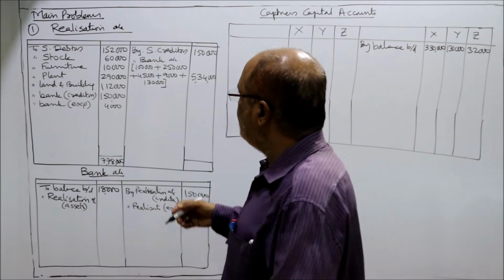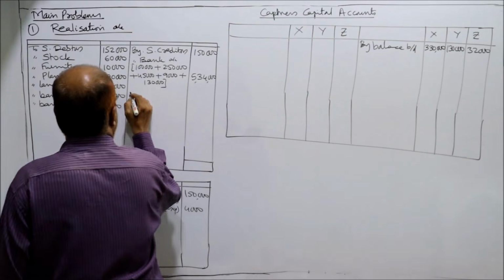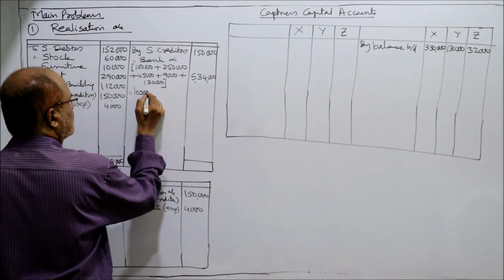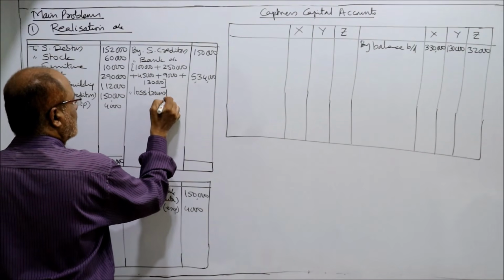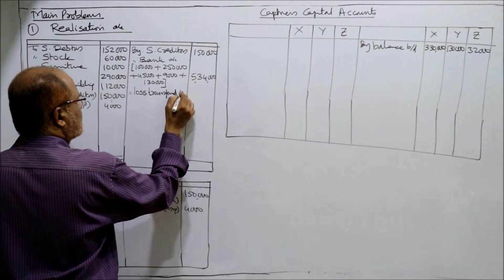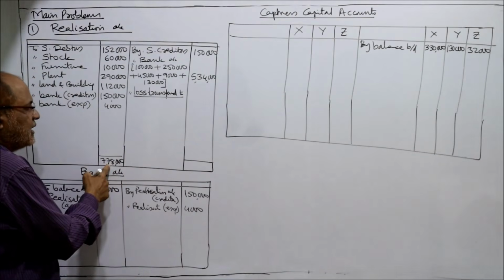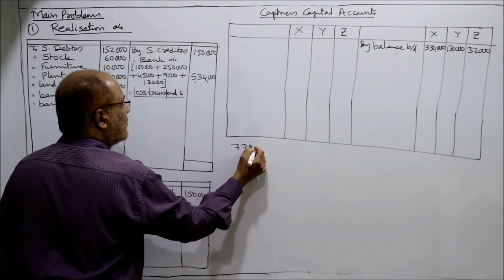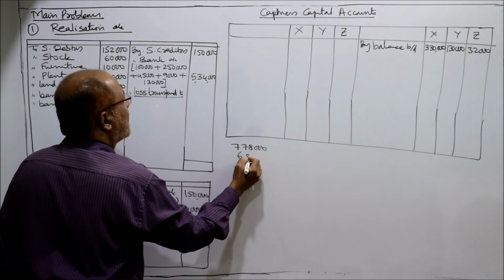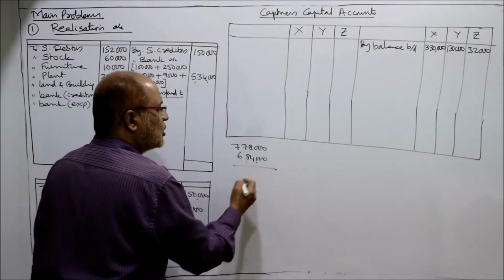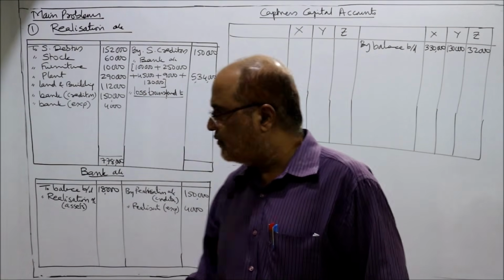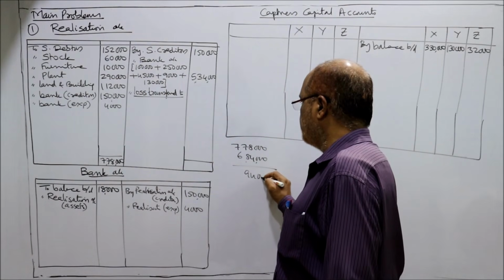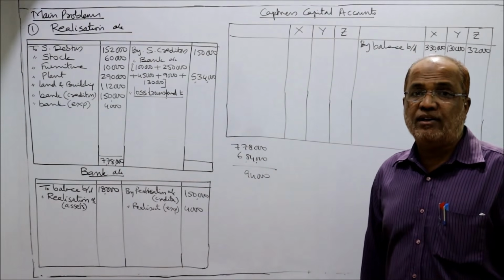So minus कर देंगे तो यहाँ पर लिखेंगे loss. Transfer to. So 7,78,000 minus 6,84,000. So you are getting a loss of 94,000.